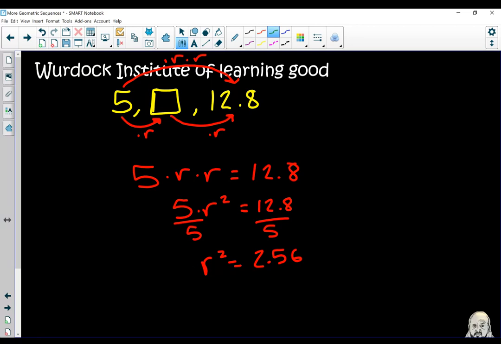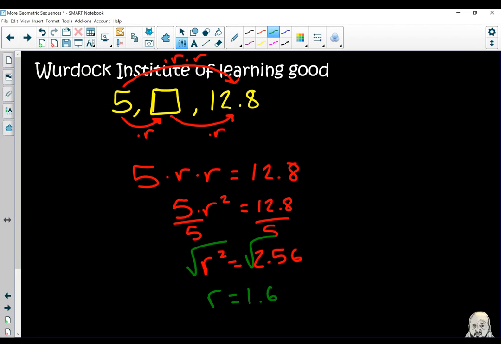And now I take the square root of each side. Normally we say you have both the positive and the negative of the square root. We could throw that out. The answer is 1.6. Our constant ratio is 1.6.